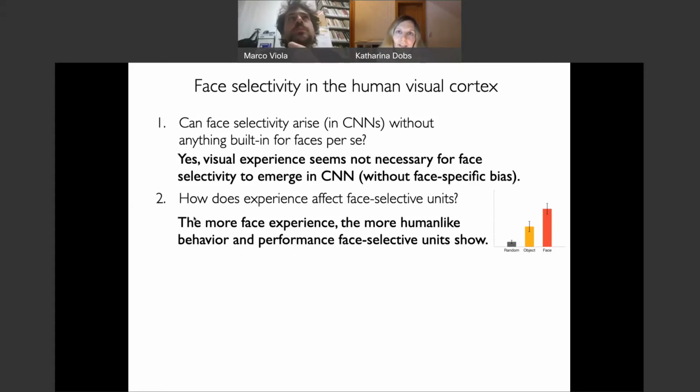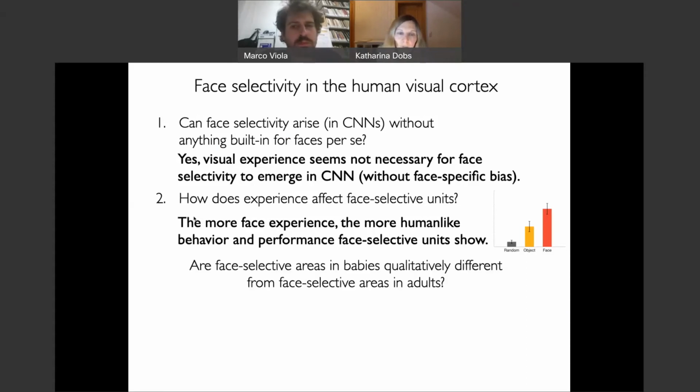And we thought that finding is particularly interesting when you look at whether you find face selective areas in babies, because you could ask, maybe the face selective areas that we find in babies are qualitatively different from the face selective areas in adults. So maybe those voxels pass the threshold to respond more to faces than to anything else, but maybe they're still not as useful to discriminate faces from each other. They're still in some sort of a developmental stage.